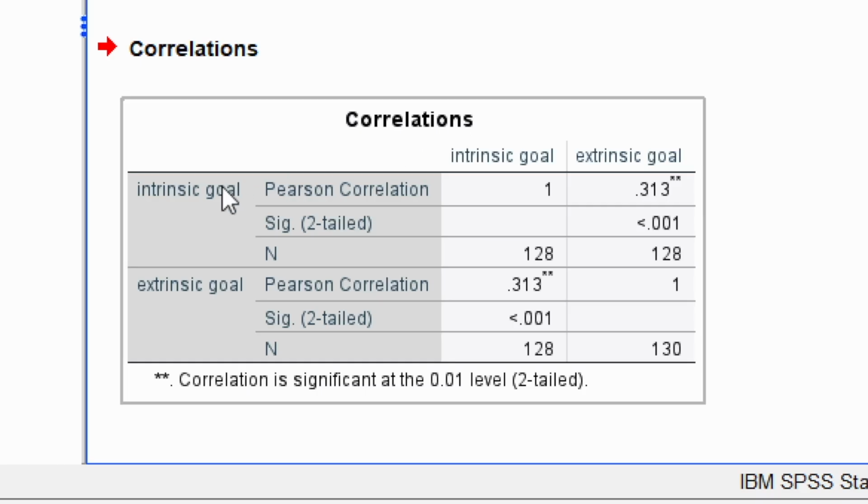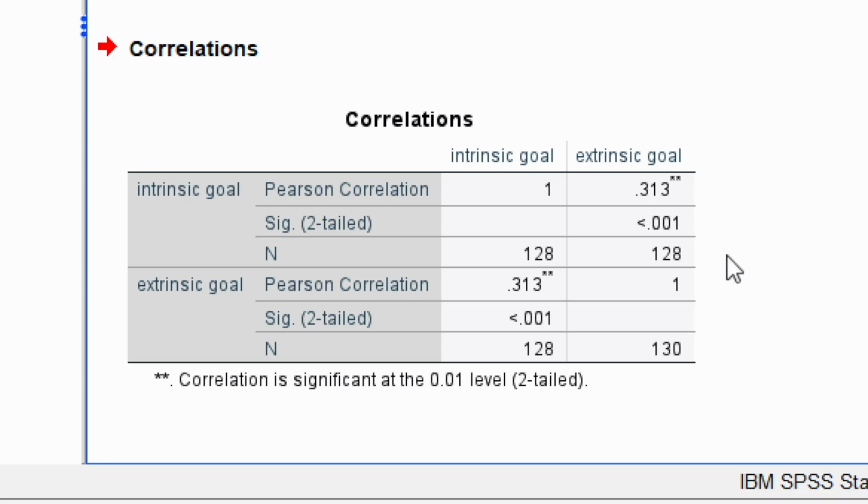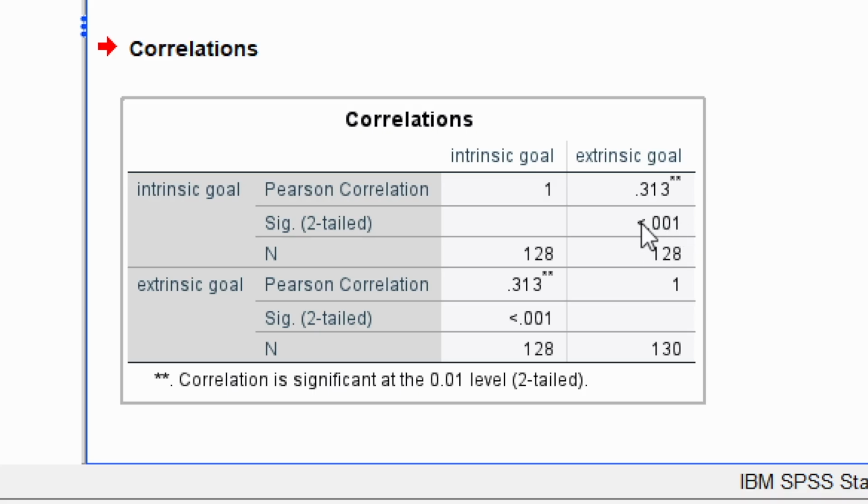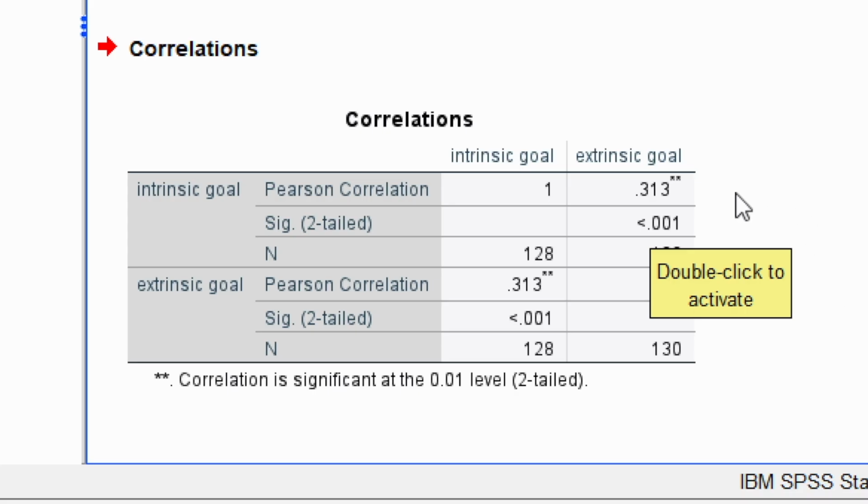Now, if you recall from last time, we have intrinsic. We know that's a perfect correlation because it's the same data compared to itself. Here's intrinsic versus extrinsic. And we can see on this data set, we've got statistical significance because we're less than 0.05. There were 128 comparisons made, and there's the correlation relationship, 0.31.